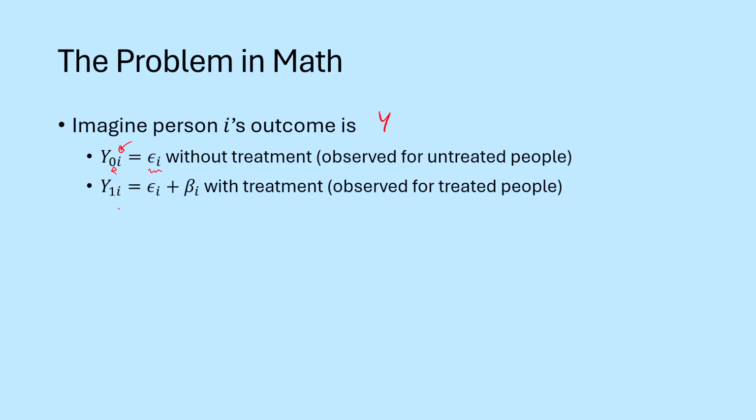The treated outcome takes those individual characteristics and adds on some individual specific treatment effect. And so you'll notice that all of these are indexed by i. So the individual characteristics can be specific to an individual, and the treatment effect can be specific to that individual. And if they're treated, both of these two happen together, and we are left with the treated outcome.